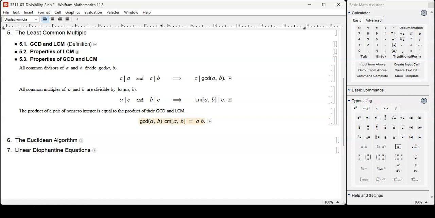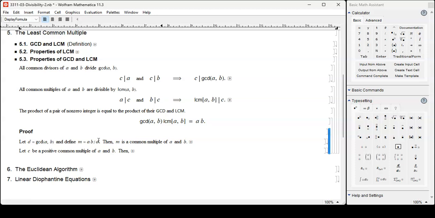The product of a pair of non-zero integers is equal to the product of the GCD and LCM, the product property. The proof is actually much simpler than the previous proof. Let D be the GCD and M be AB over D, and we're going to prove that this M is the least common multiple.